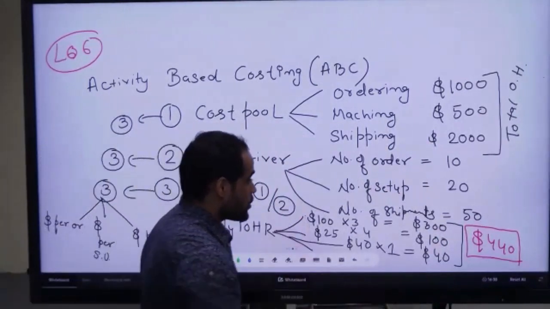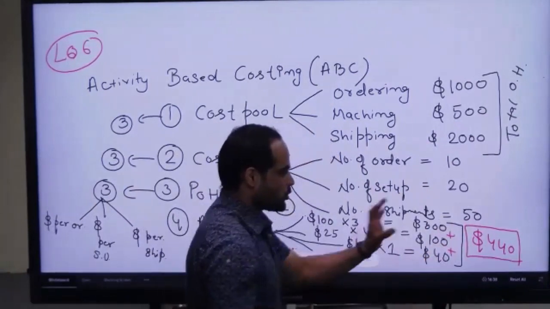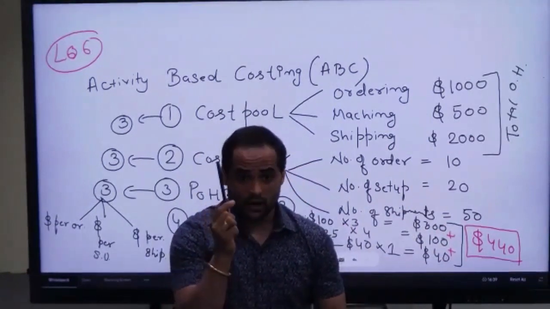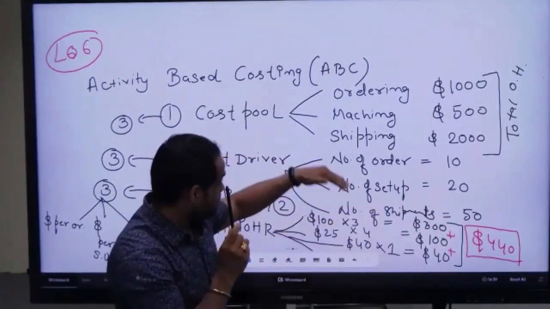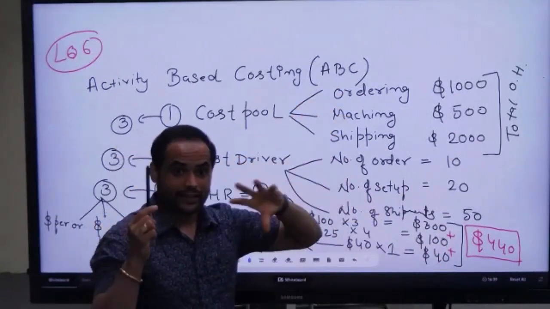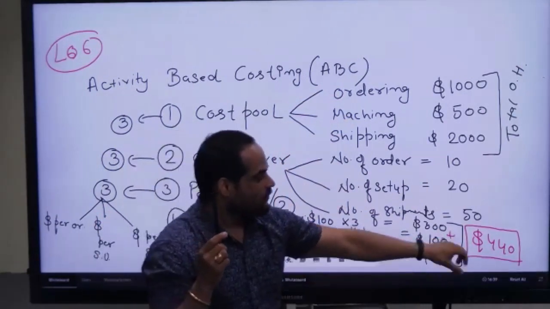This is your overhead cost allocation. So remember, you have to add them all to get the final number. Why? Because this pen is a combination of 3 different activities, and the cost of these 3 different activity allocations is 440.